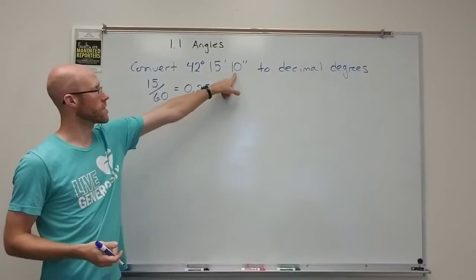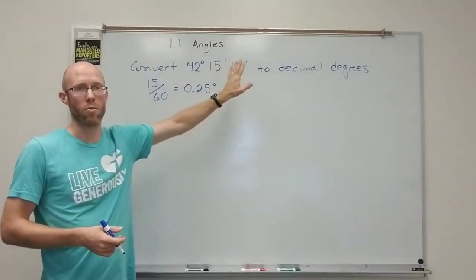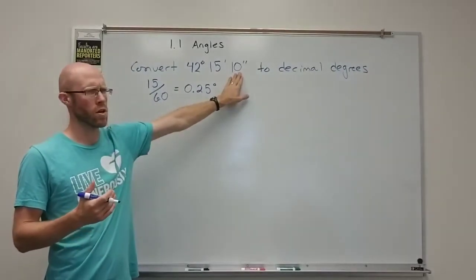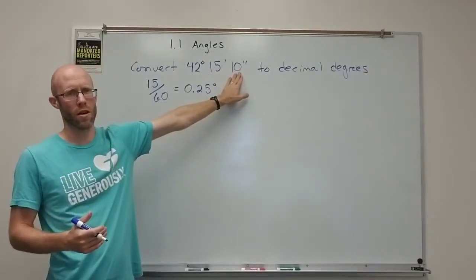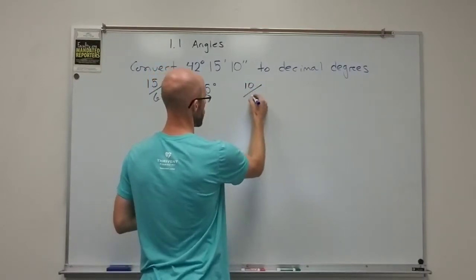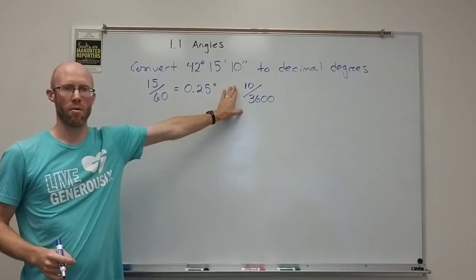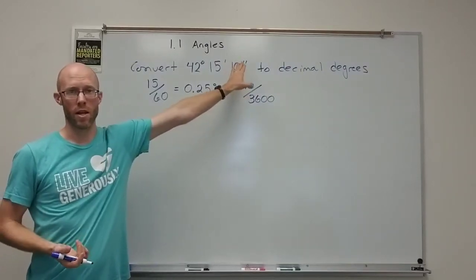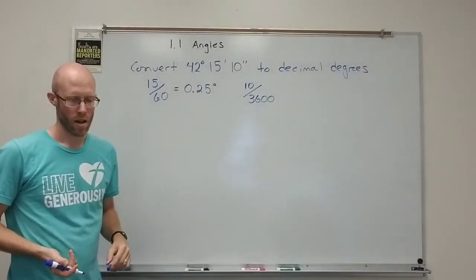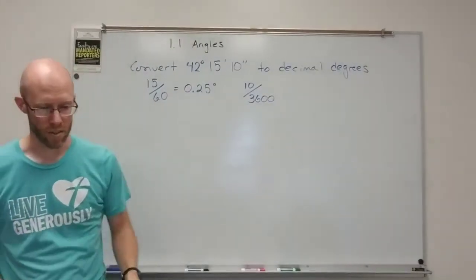Likewise, we're going to look at the 10 seconds, and we're going to think of that as 10/3600ths of a degree. That's how many degrees 10 seconds is. Now that one's a little bit harder to come up with just off the top of my head.